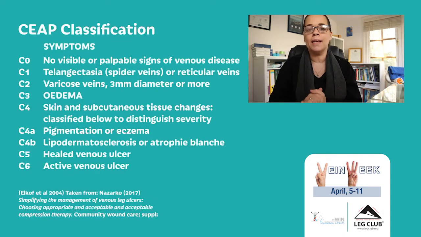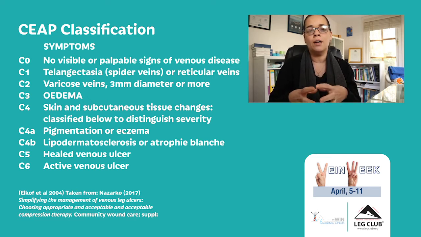So when we are assessing for this, it is important to think about how we use the CEAP classification for venous disease. So the clinical, etiological, anatomical, pathophysiological classification that was created in 1994 and has been modified since was used to standardise the diverse manifestations of chronic venous disease.